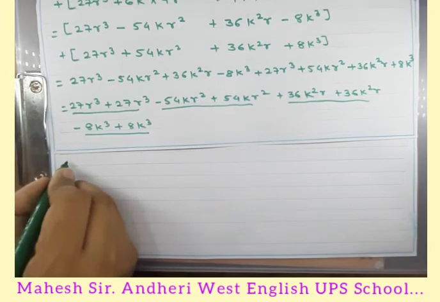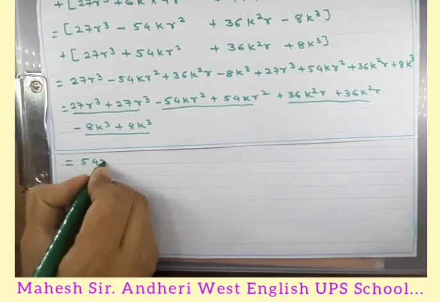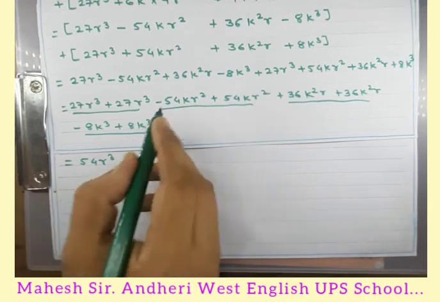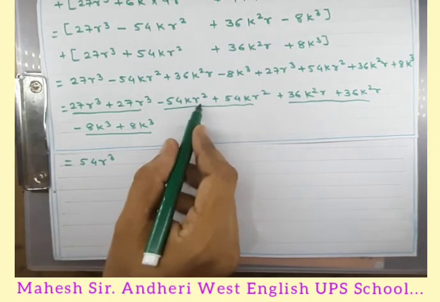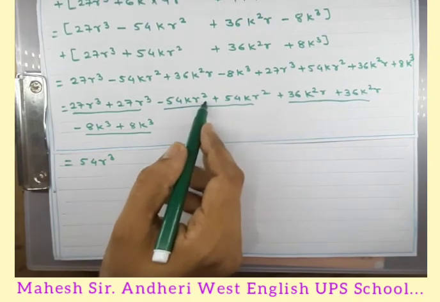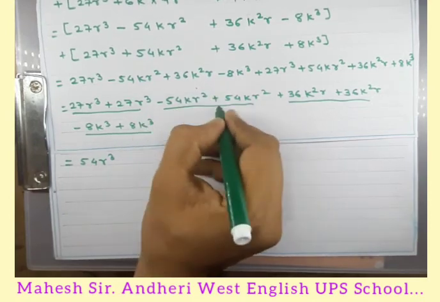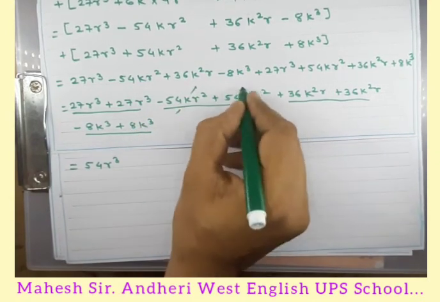So I will write 54r cube. Minus 54 k r square plus 54 k r square: plus minus becomes minus, and this gets cancelled.